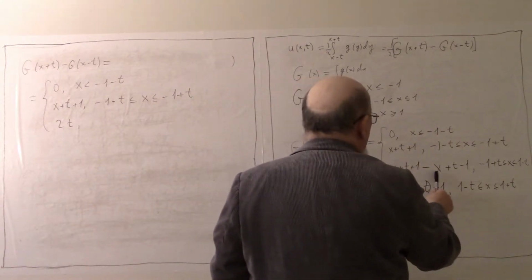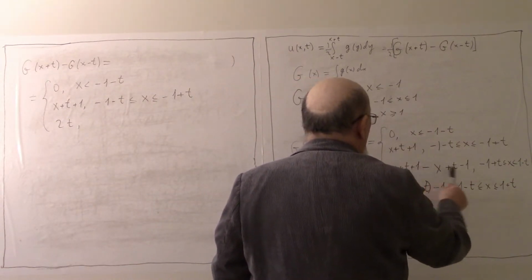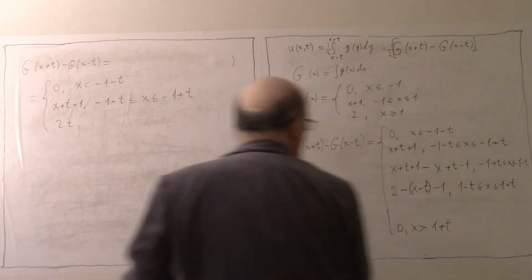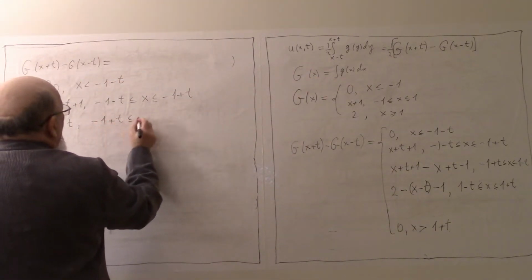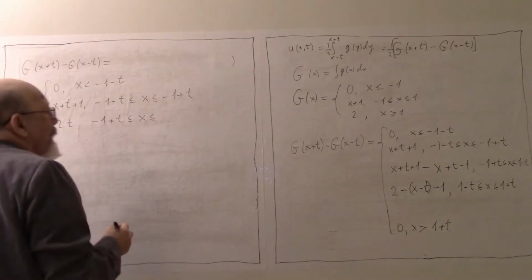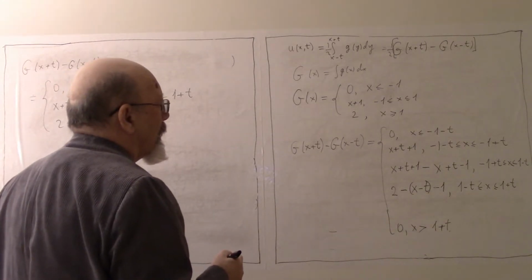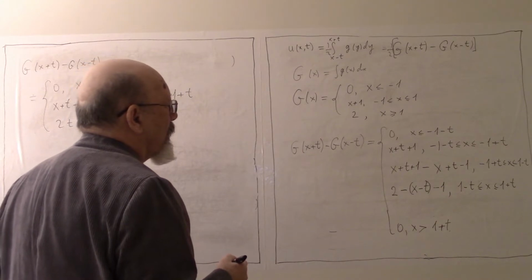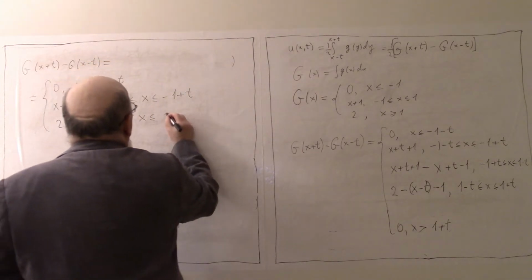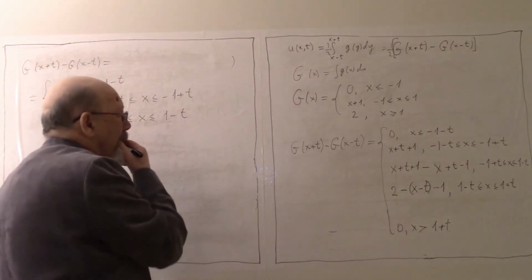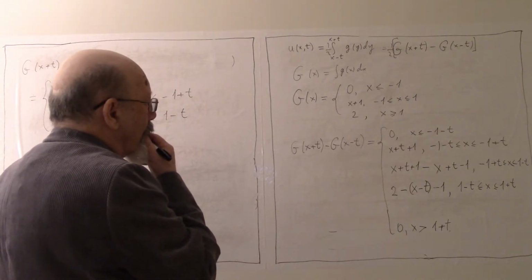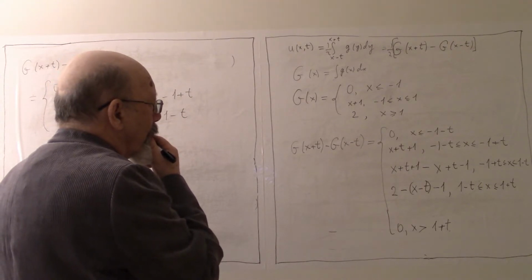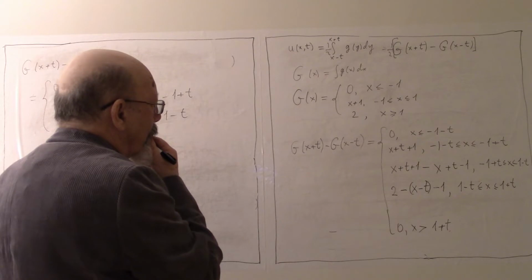x minus x, t plus t, 1 minus 1. 2t, when minus 1 plus t is less than x less than 1 minus t. No, okay.